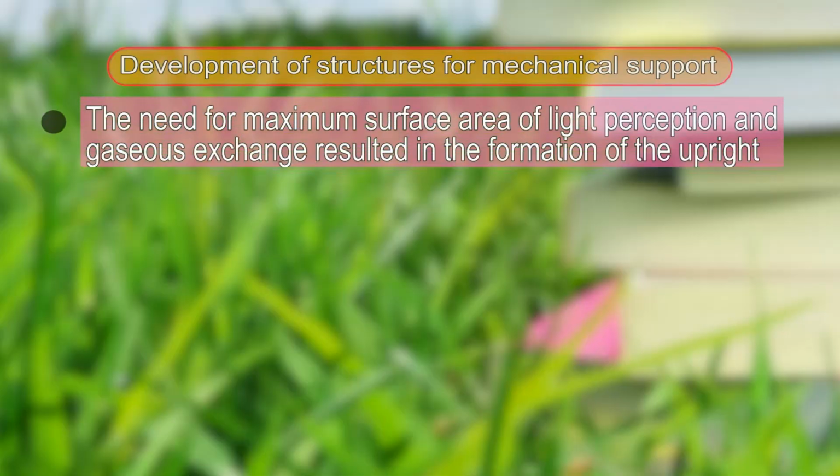Now we come to another important aspect, mechanical support. Previously no mechanical support was needed, but as they slowly formed the erect habit, mechanical support was mandatory. So, to attain maximum surface area for light perception and gaseous exchange, it resulted in the formation of the upright height.